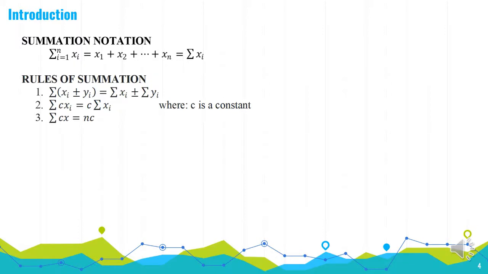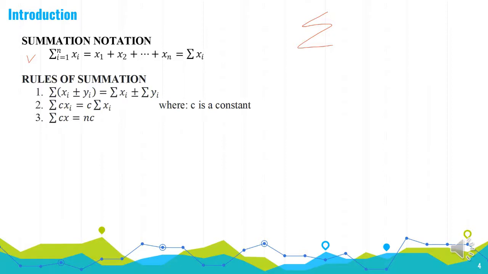Before we go to the computations, let us first discuss the different summation notations. When we see the symbol epsilon, this means that we need to get the summation of a certain series. This is very familiar to you from Math 10, the Taylor series that you discussed there. Here, the example is the summation of x sub i from i equal to 1 to n.